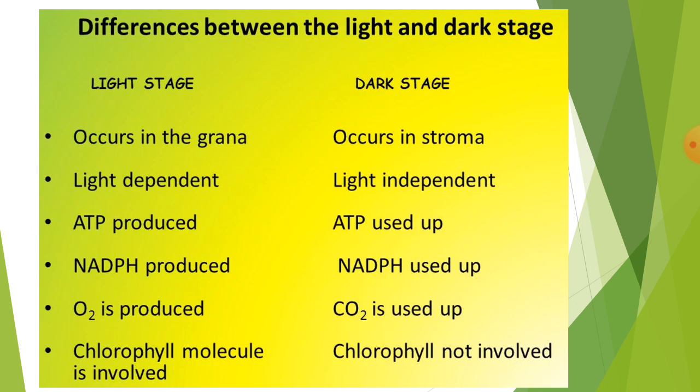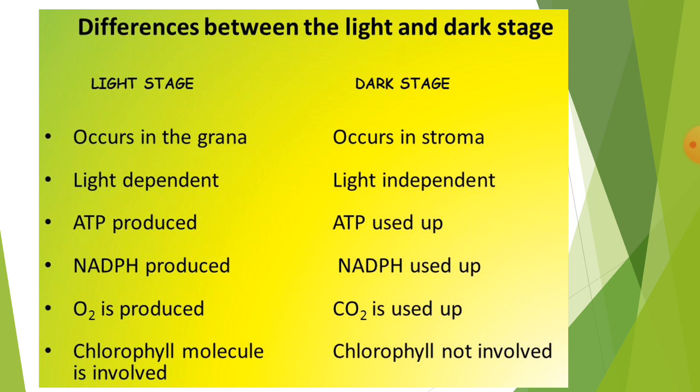Here are the differences between the light and dark reactions. Light reactions occur in the grana on the thylakoid membrane, and the dark reactions occur in the stroma of the chloroplast. Light reactions are of course light dependent and dark reactions are light independent.